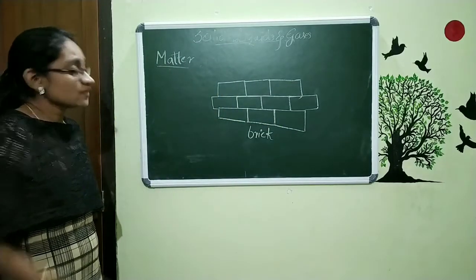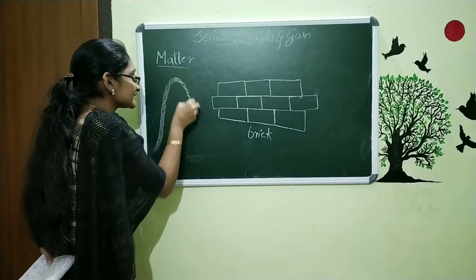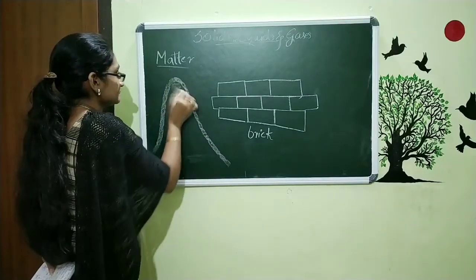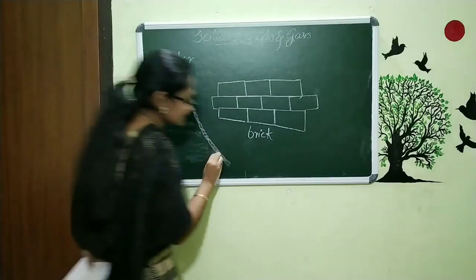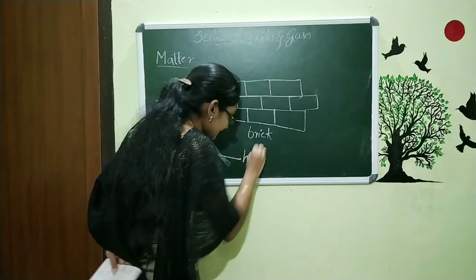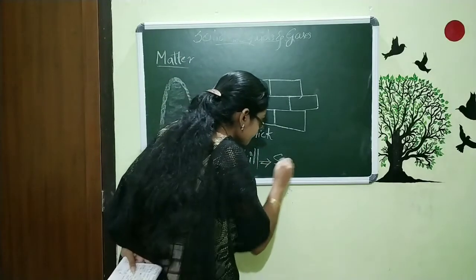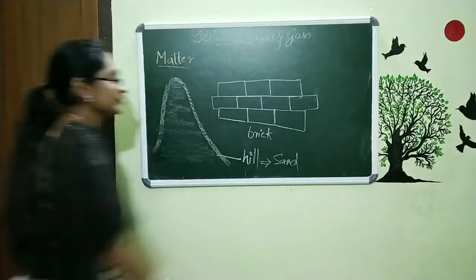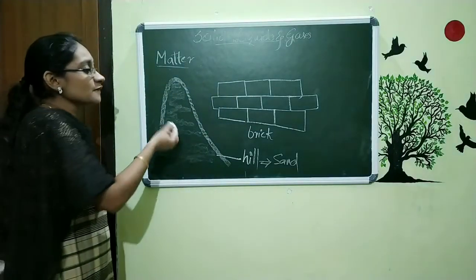And another example, we are making a hill made of sand. This is one hill made of sand. So, what is the smaller particle here?